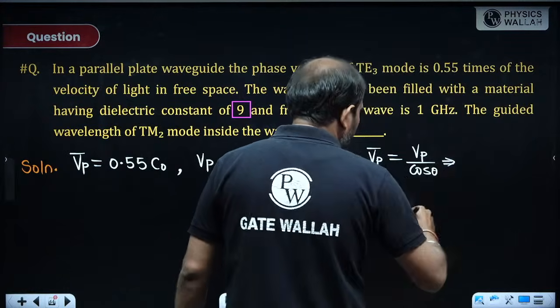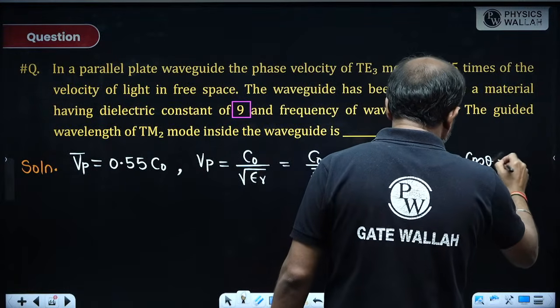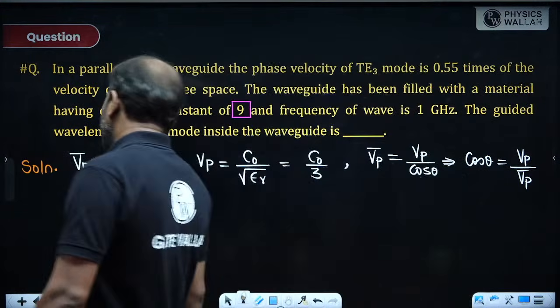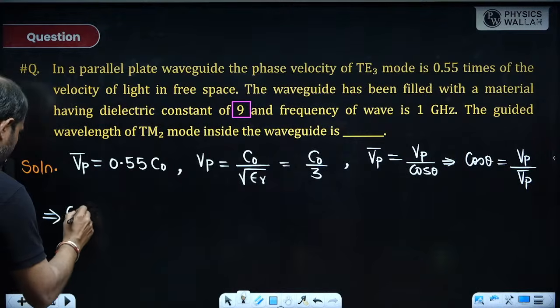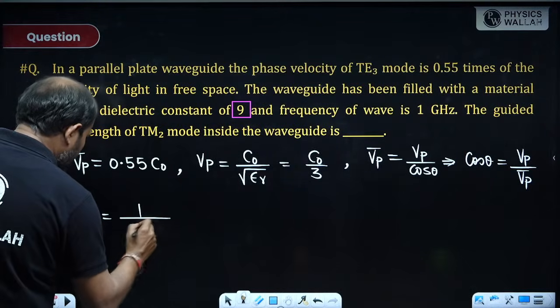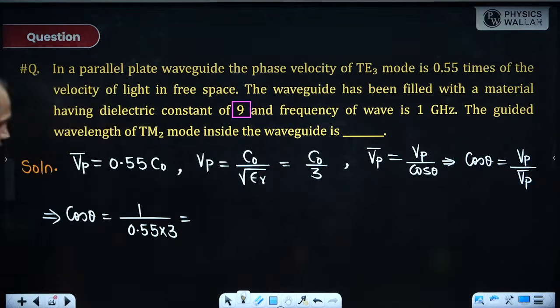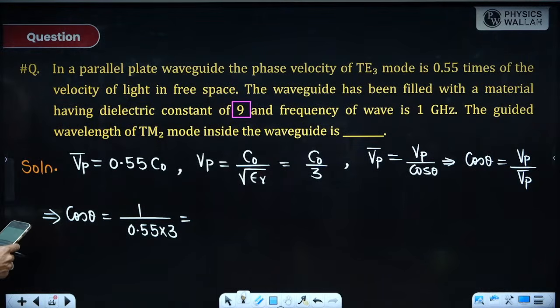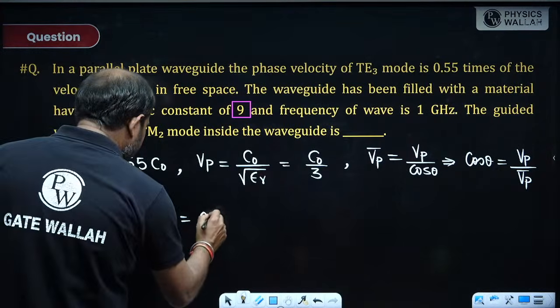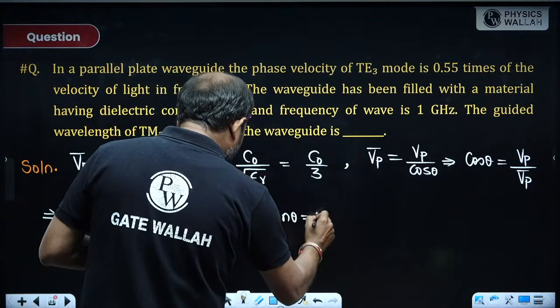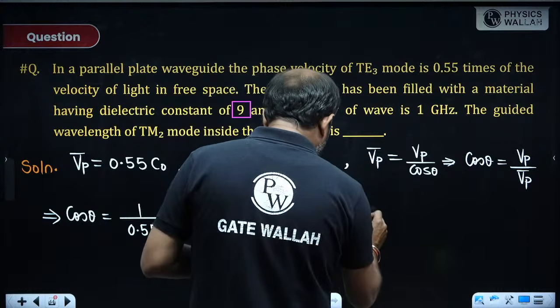So cos theta is equal to Vp upon Vp bar. So cos theta is equal to 1 by 0.55 into 3. How much will it be, 0.6 or 0.8? It will be 0.6. So sin theta is equal to 0.8.